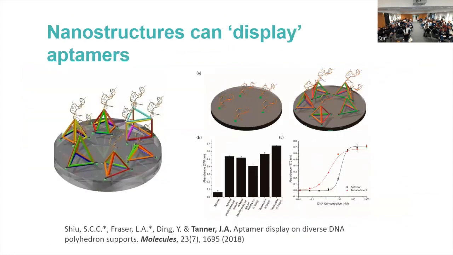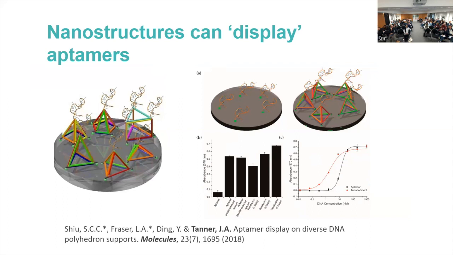Now, the other side of this talk is that symbiosis of how nanostructures might be able to help aptamers. I was thinking back to something we published a few years ago, around surfaces. Then you've got an aptamer on it. So it could be for electrochemical ones, and this one is a colorimetric assay. But often it would be better if the aptamer is away from the surface.